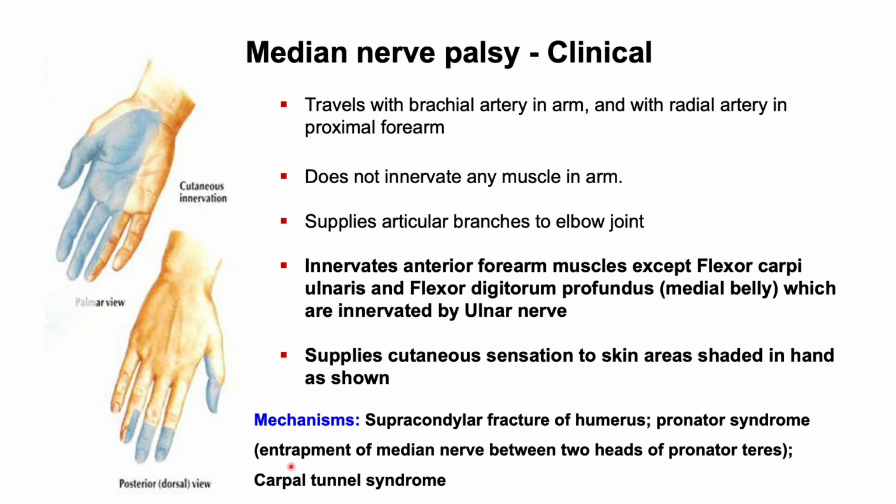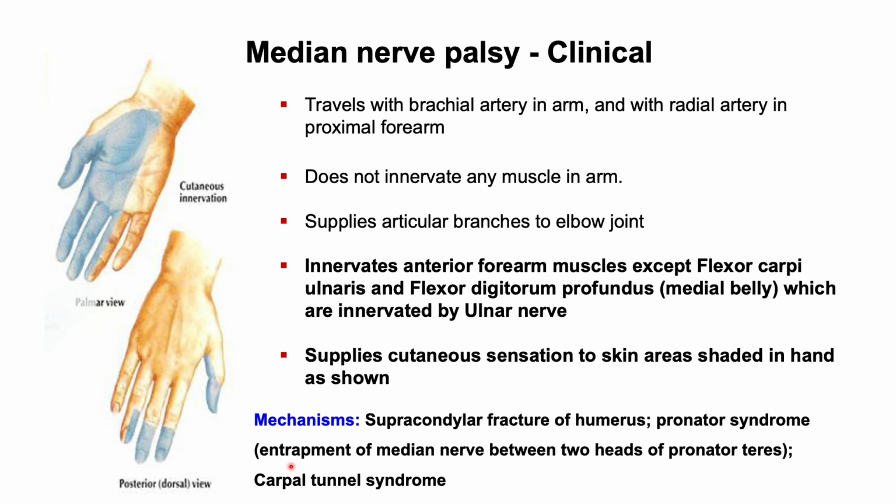As I had mentioned, the median nerve, when it exits the forearm to enter the hand, passes deep to the flexor retinaculum. It mainly passes through a tunnel called the carpal tunnel. Not only the median nerve passes through this tunnel, there are also tendons.